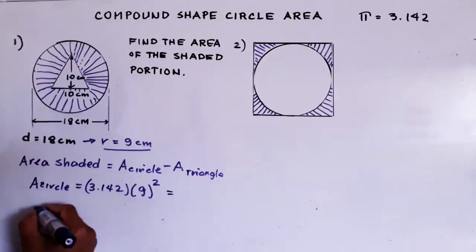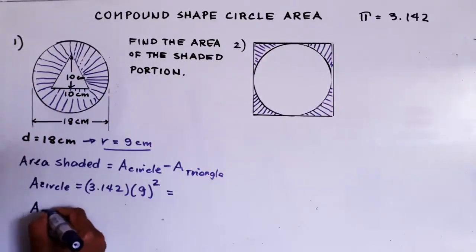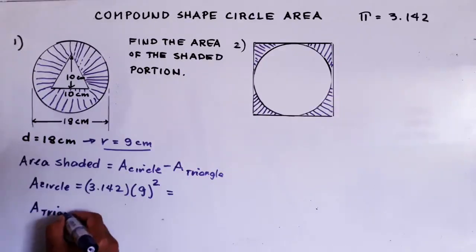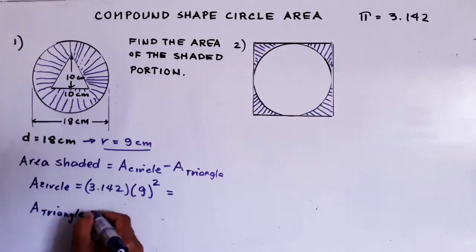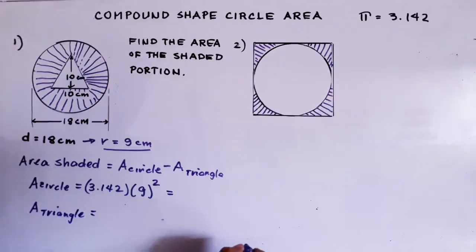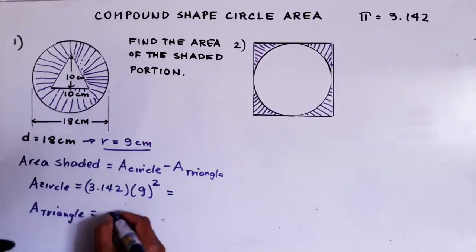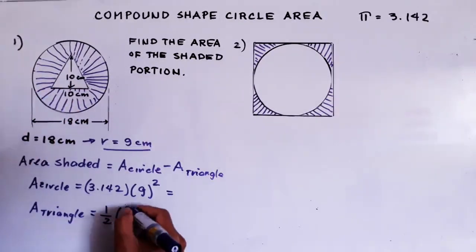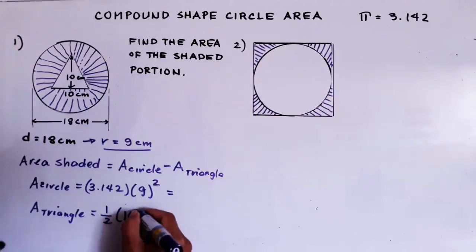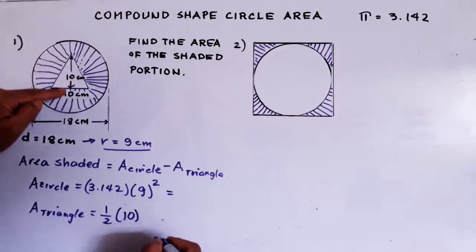The area of our triangle, could you still remember the area of our triangle? It's 1/2 base times height. So I'm going to put 1/2. What's the base there? The base is 10. You can see that the base is 10. And what is the height? The height is also 10.